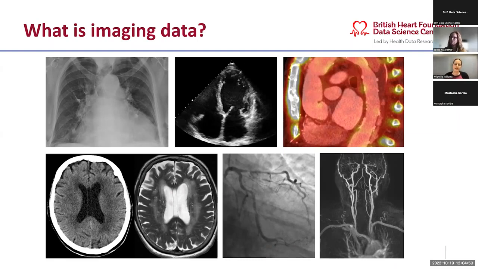And the reason that this is slightly different from other types of data that we're used to, like age and medication use and outcomes, is that this is what we call unstructured data. Often this doesn't have a convenient pattern that we can use in research. So we have to think about how we analyze this data in new and interesting and exciting ways.